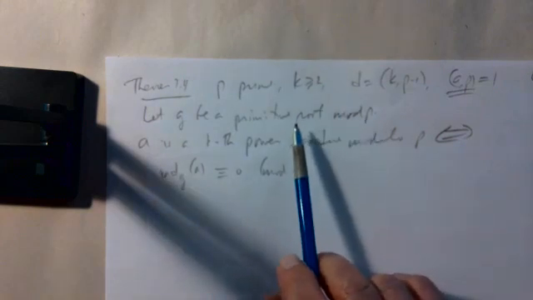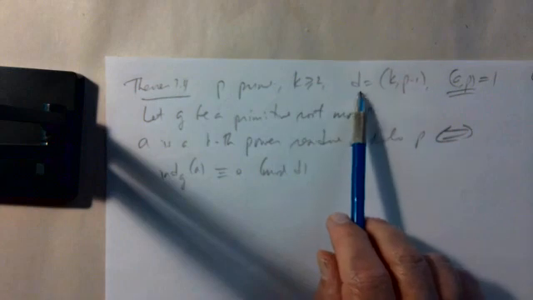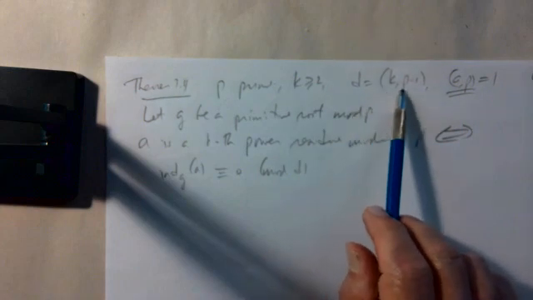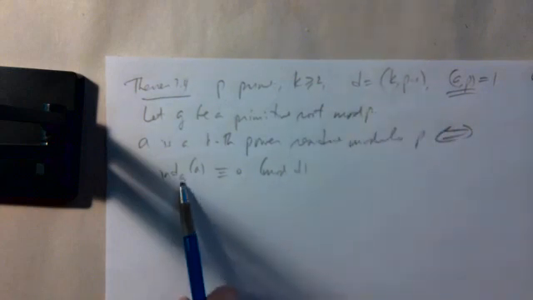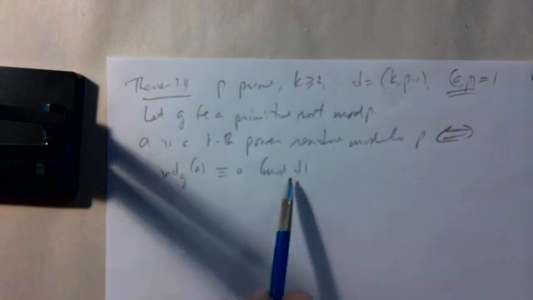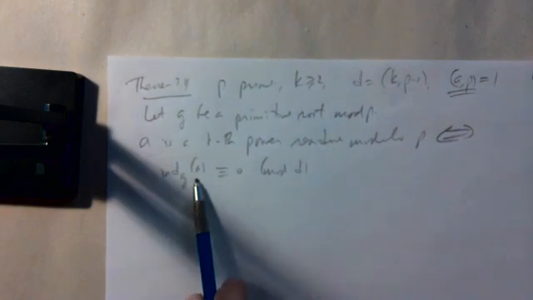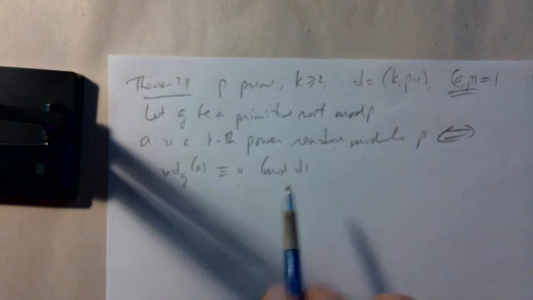So I let D be the greatest common divisor of K and P minus 1. If the index of A is divisible by D, then the theorem says A is a kth power residue.